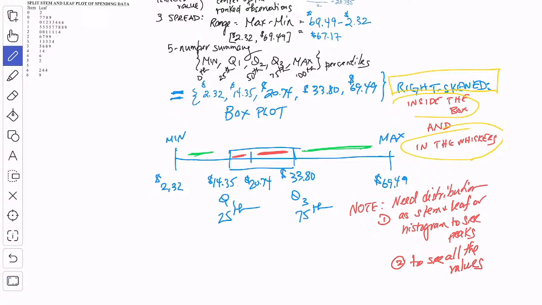You need the distribution as a stem and leaf or histogram to see all the values. You don't see all the values here. You see these numbers that might not even be values. Turns out that these are values, but this one's not even a value. It's the median that we found as the average of 2 values. So we don't see all the values. So although this has advantages, the stem and leaf also has a nice advantage of being able to see all the values.